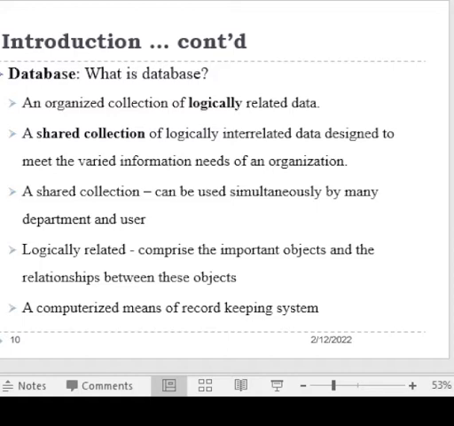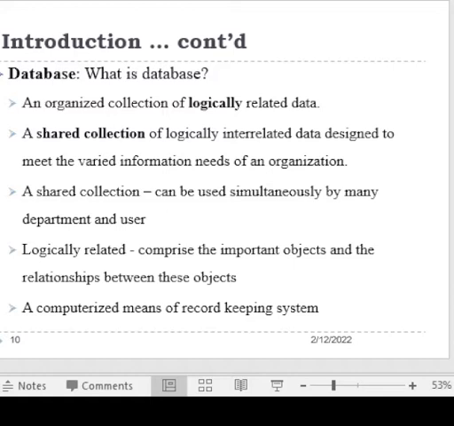And also, logically related means comprising the important objects and the relationships between these objects. Each object stored in a database is somehow related to the others. And also, a computerized manner of record keeping is what we call a database.